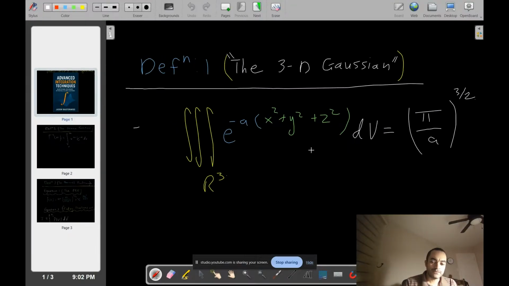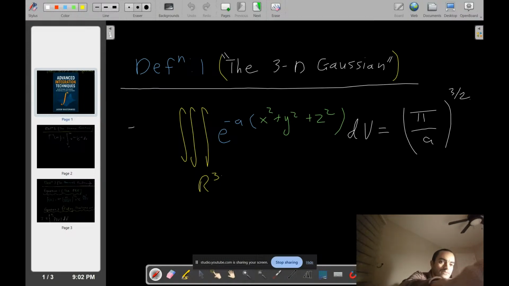So if we have the definition here, this is a three-dimensional Gaussian, a triple integral over R3.